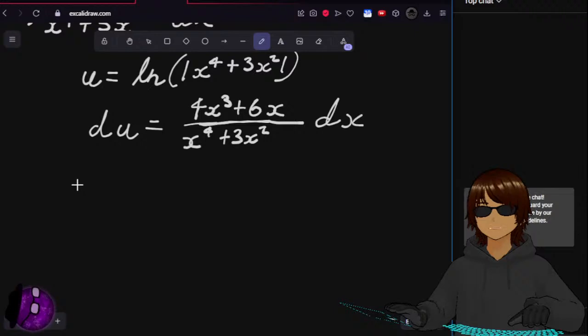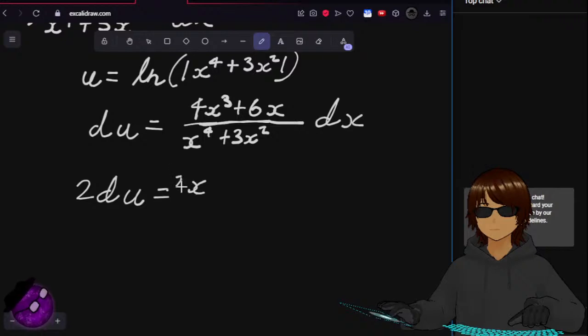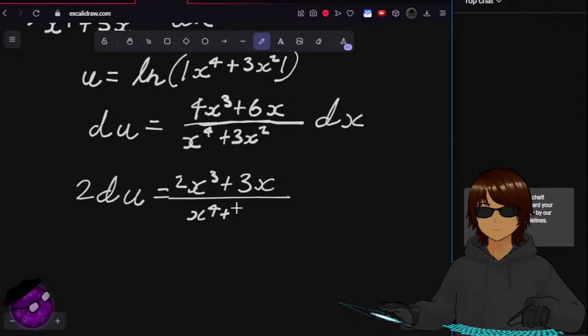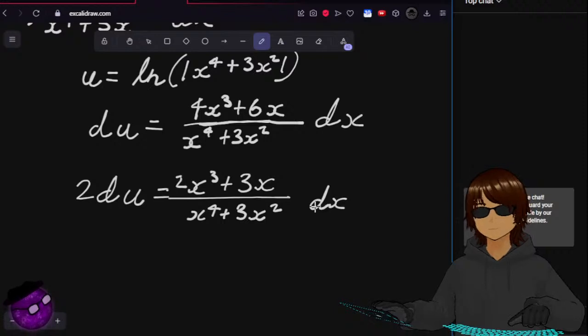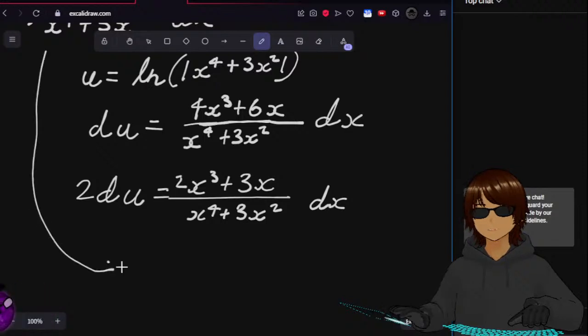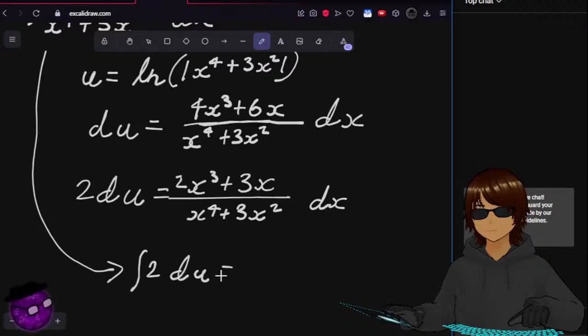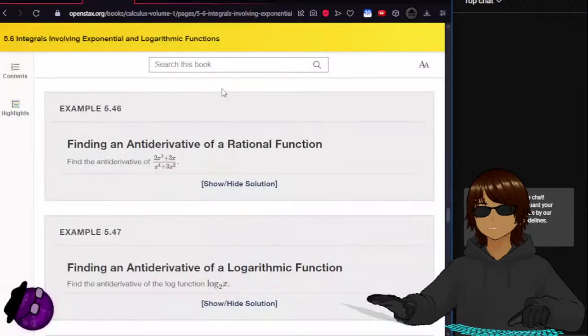Then I can factor 2 out, and we just need to find the antiderivative. And then I can just evaluate u as ln of that.